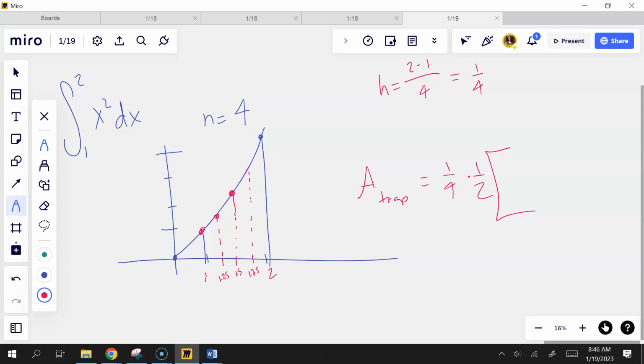All right, this is 1, 1. This is 2, 4. This would be 1.25. What's the corresponding y value there? What is that? 1.625? 1.5625.